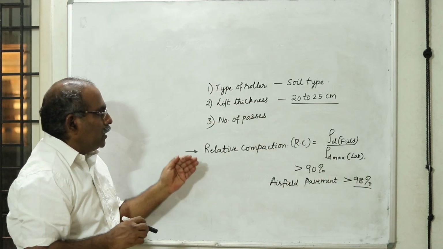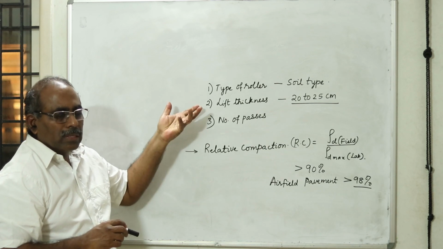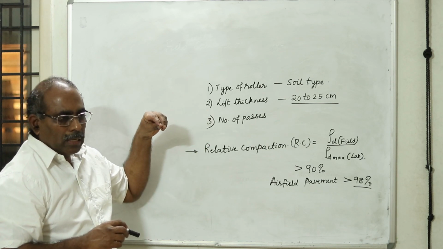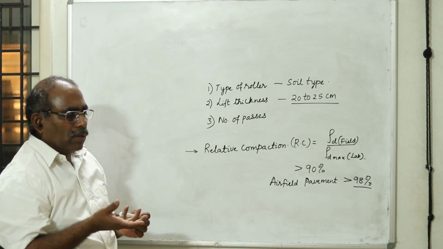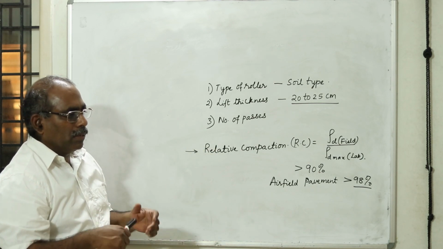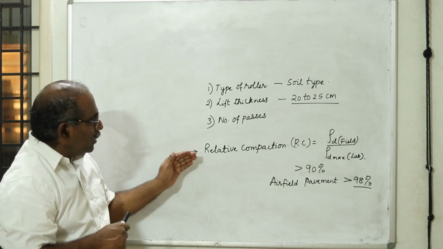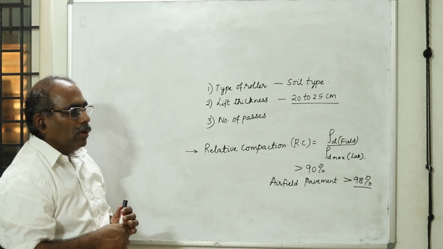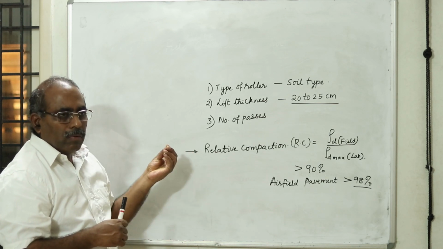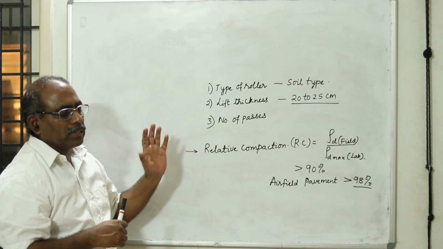We will discuss more details about the different types of compaction equipment, more details about the tire pressure, the area covered, and the typical tire pressures which are going to affect the compaction, and we will further discuss the field compaction. When you are compacting, you have to find out whether you achieve the required density and the moisture content, so that you have a control over the compaction process.